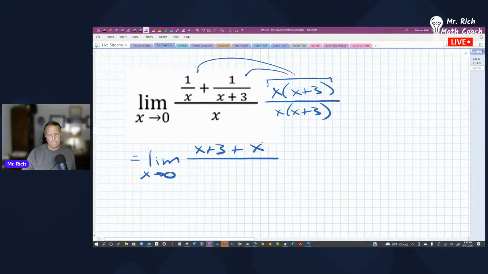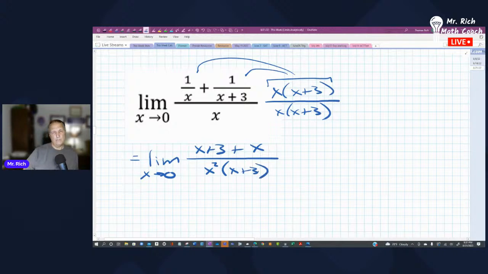Okay. And now I'm going to multiply this over here. So x times, this would be x squared, I should say, x squared times x plus 3, like that.